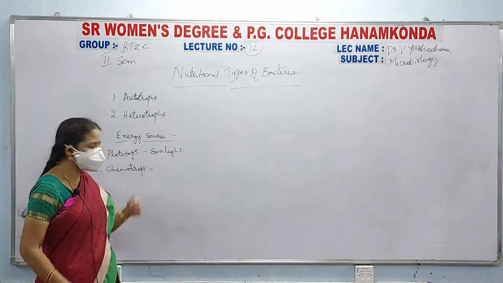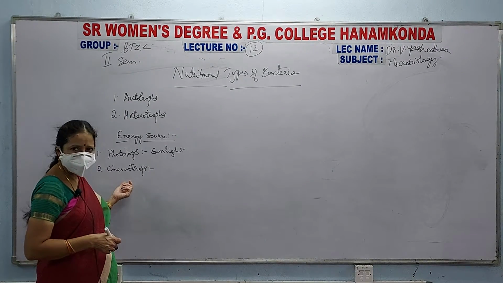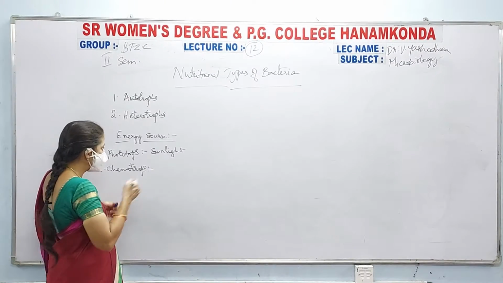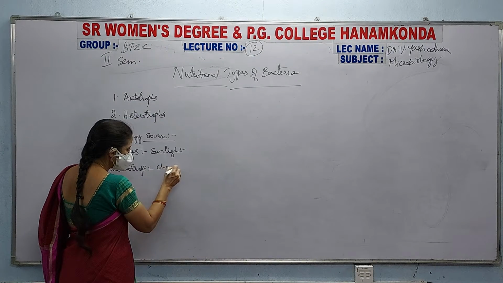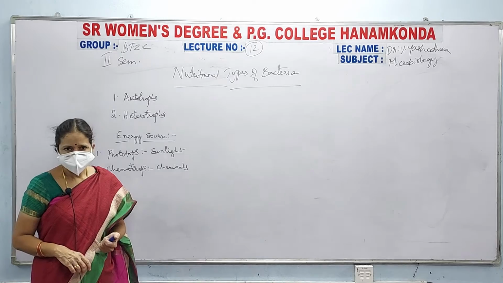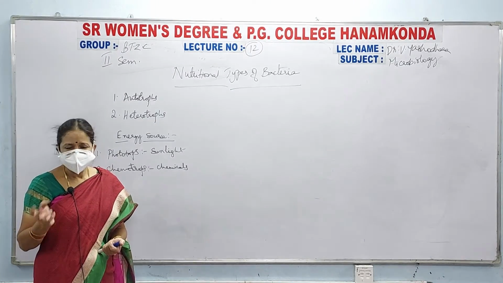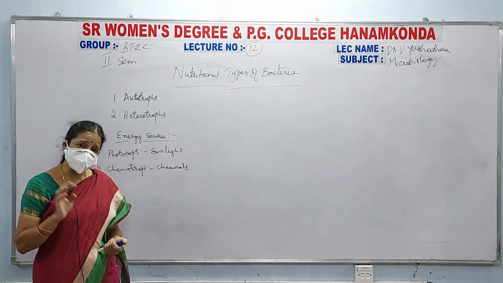Coming to the chemotrophs, the name itself indicates that the organisms utilize chemicals as the source of energy. What are the chemicals here? They may be minerals, vitamins, nutrients, or whatever it may be.